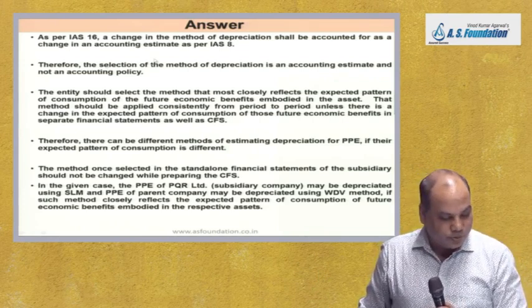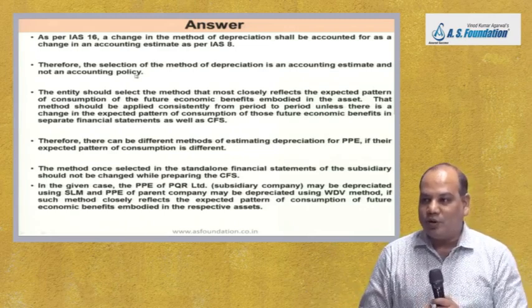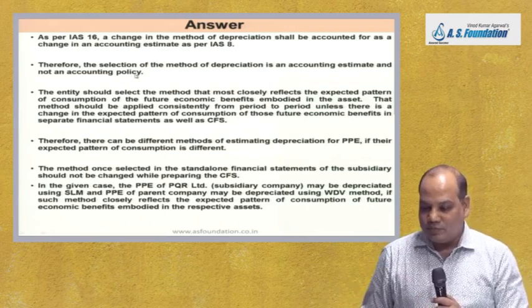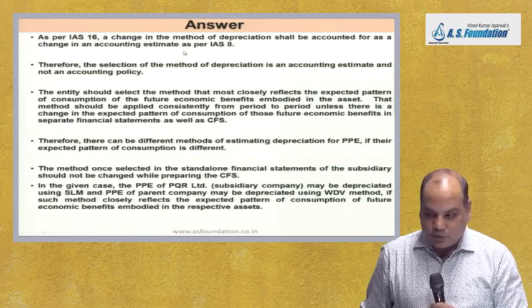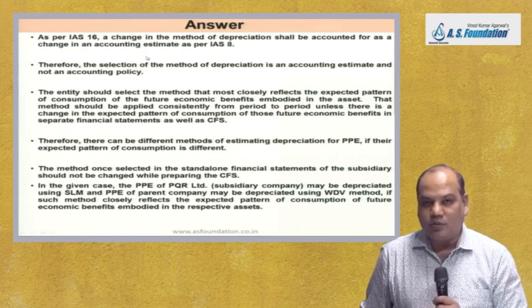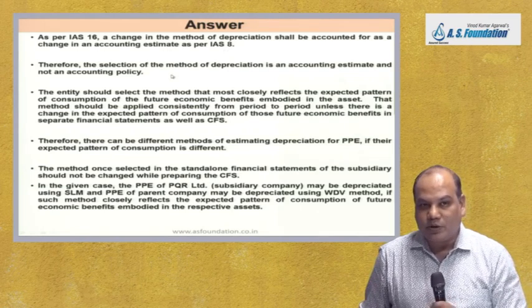Don't jump to the conclusion and say, now the subsidiary also has to follow WDV method as per parent. You will write like this: as per IAS 16, a change in the method of depreciation will be accounted as change in accounting estimate, which is as per IAS 8. Therefore, the selection of method of depreciation is an underlying accounting estimate and not an accounting policy.